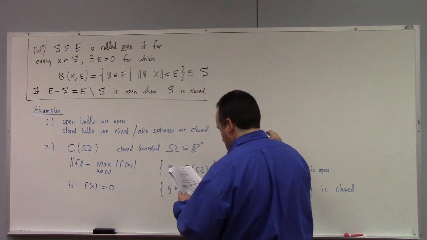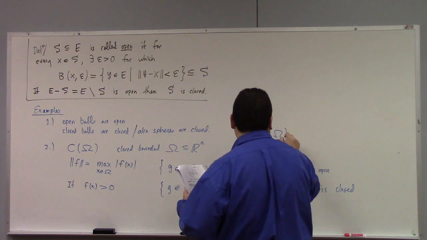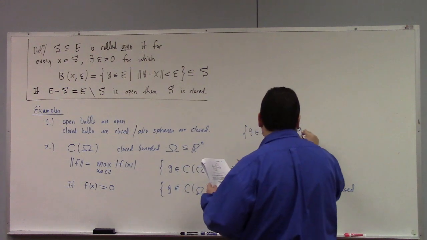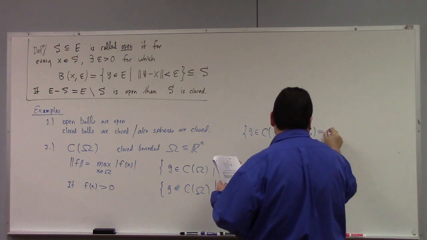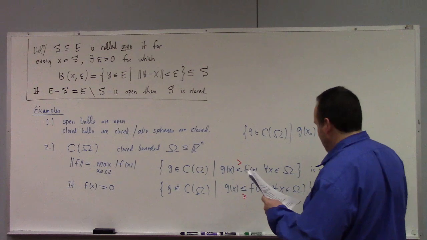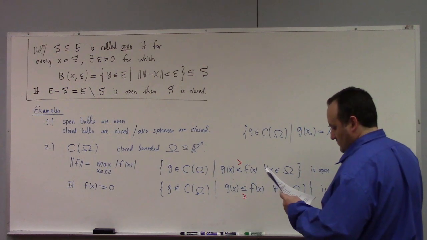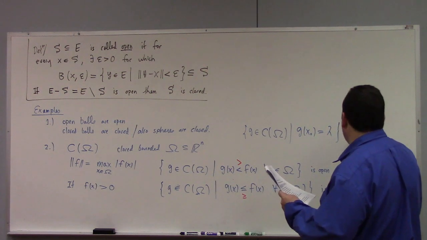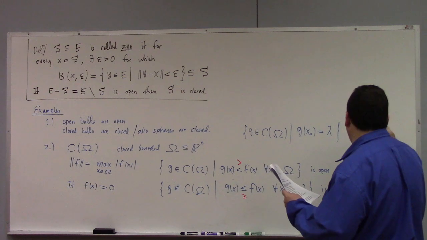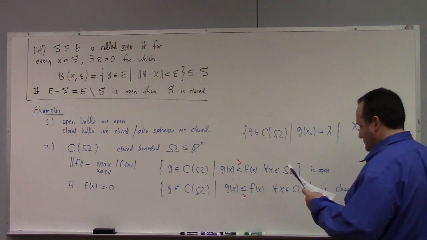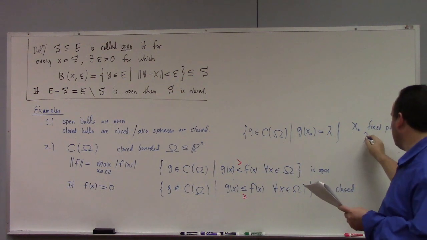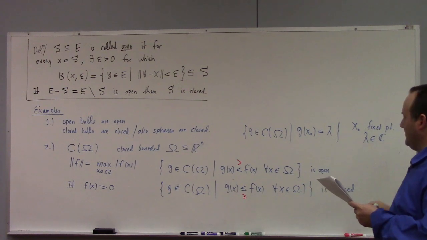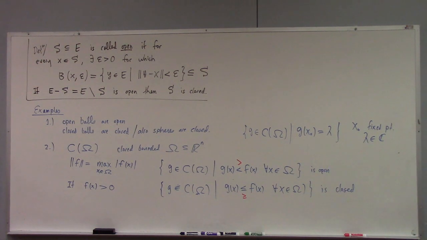G in continuous functions on Ω such that G(x_0) is equal to lambda. So here x_0 is a fixed point and lambda is a complex number. He says that this is closed. It's a closed set.